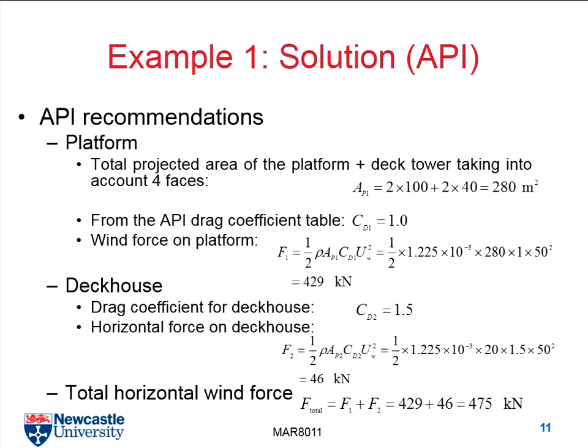So according to the criteria provided by API, we calculate in this way. For the platform and the deck tower, we consider all the faces for calculation: the forward face and the side face.